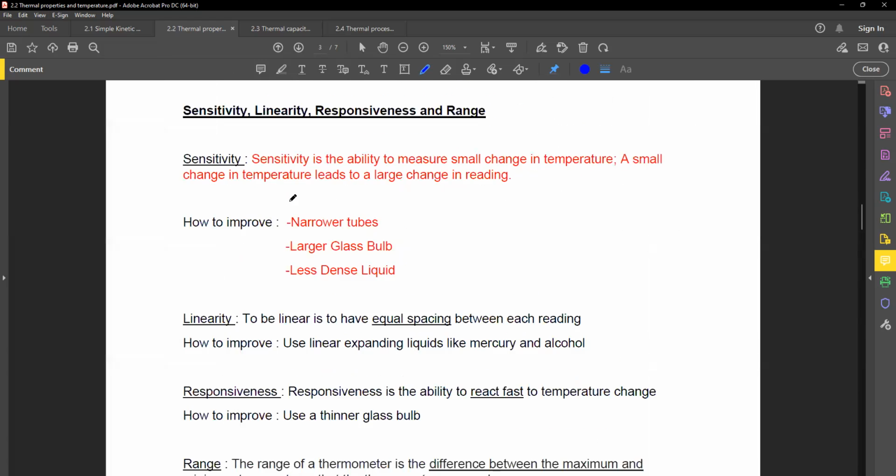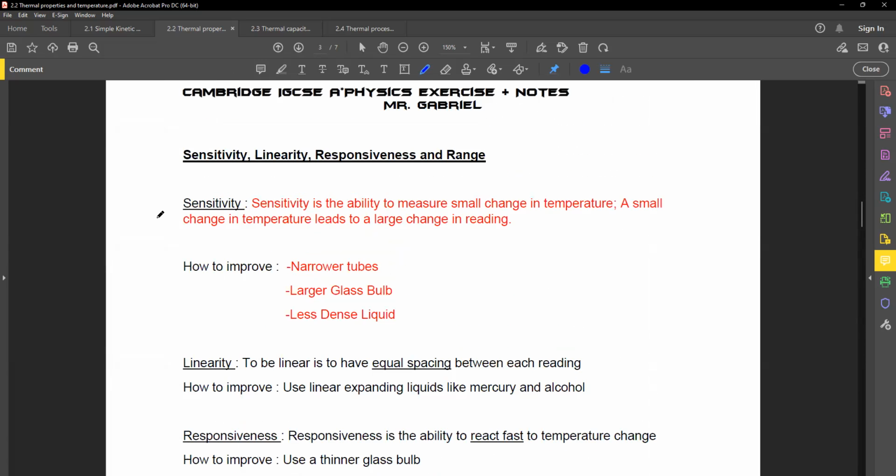Like I mentioned again, guys, sensitivity is the ability to measure small changes in temperature, meaning to say, if I have a very sensitive thermometer, it will go like 0, 0.1, 0.2, 0.3, 0.4, 0.5, and so on, all the way until 1, right? Whereas a very non-sensitive thermometer is going to go like 0, 1, 2, 3, 4, 5, 6, 7, 8, 9, 10 already, right?